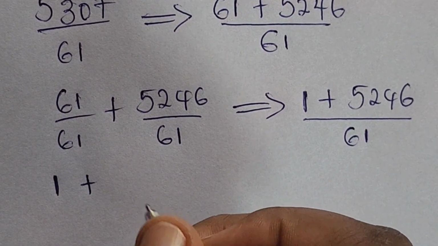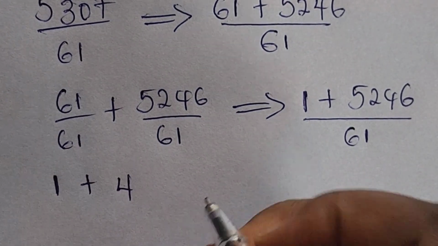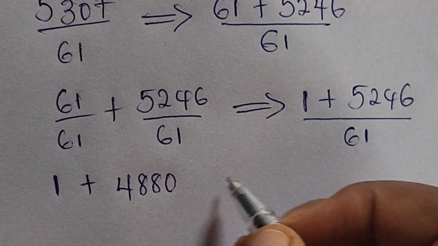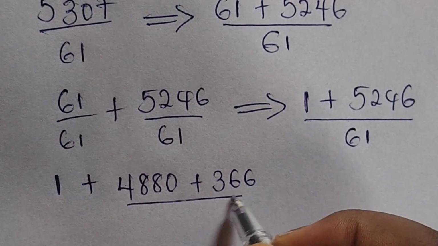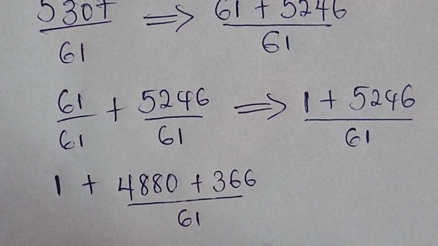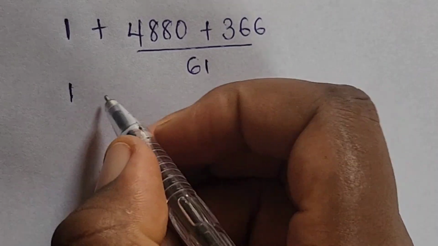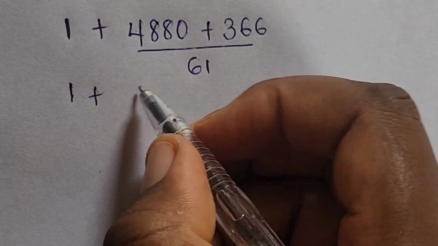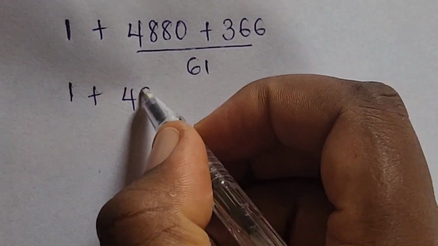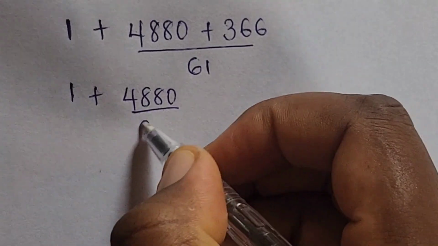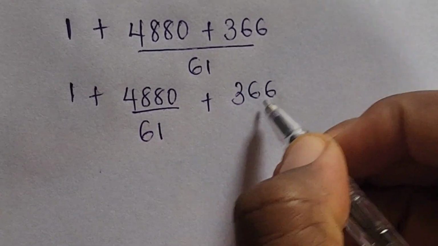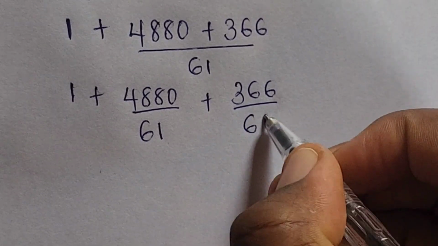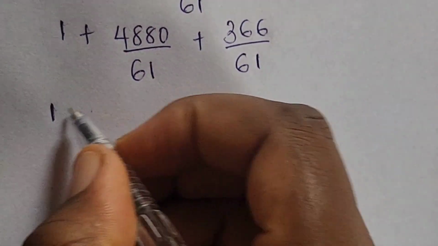So we have 1 plus our 5246. We can split it into 2 to have 4,880 plus 366 all over 61. So we have 1 plus, when we split this into 2, we have 4,880 divided by 61 plus 366 divided by 61. So we have 1.